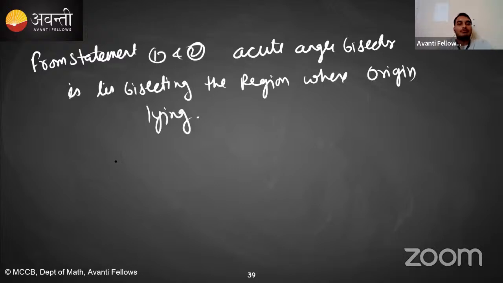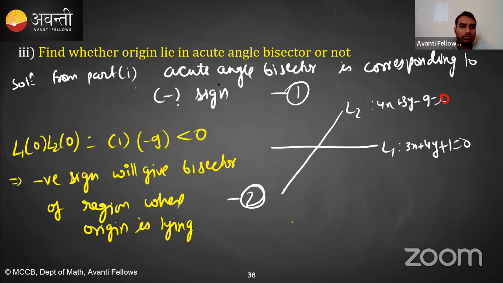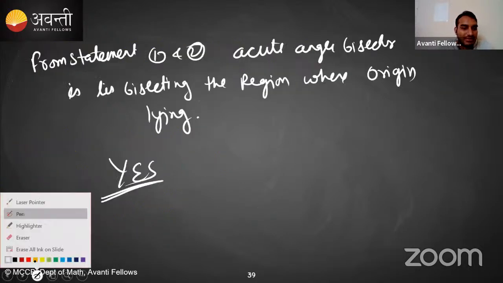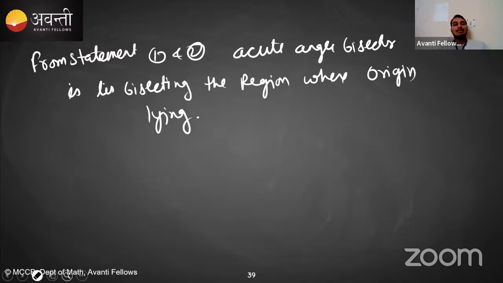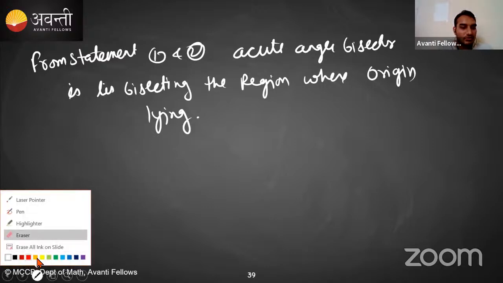Is this clear, student? So answer क्या आ गया? Yes. Bisector or not, whether origin lying or not, तो yes तो लिखना ही नहीं था, whether yes or not. Is this clear? क्वेश्चन समझ में आया? सॉल्यूशन?